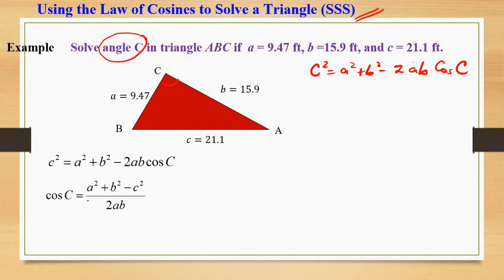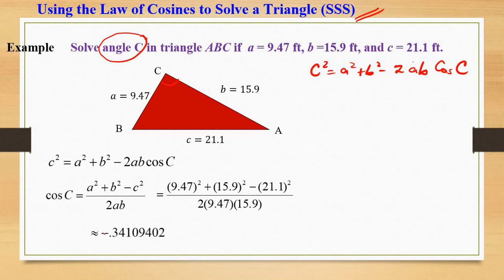Now, in this one, cosine C is equal to A squared plus B squared minus C squared over 2AB. I am now ready to substitute the values. That is, A is 9.47, B is 15.9, and C is 21.1, over 2 times 9.47 times 15.9, giving us cosine C is equal to negative 0.341.